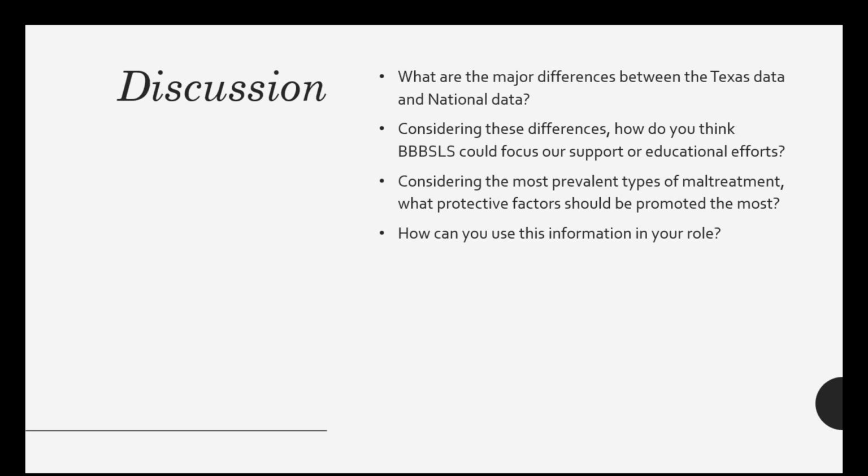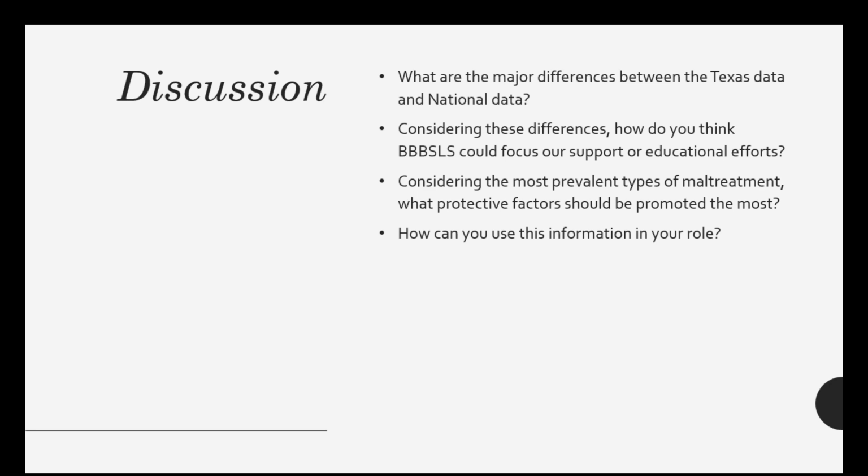So let's talk about the differences between the Texas data and the national data. We know what the differences are. Let's think about what the causes of those differences are, and then once we think about what causes the differences, then we could talk about how we can focus our support and educational efforts in the state to increase resiliency and to prevent abuse and neglect.